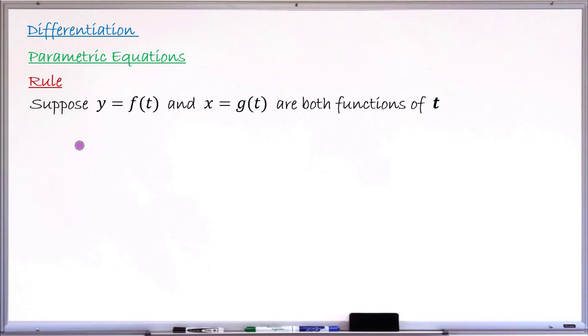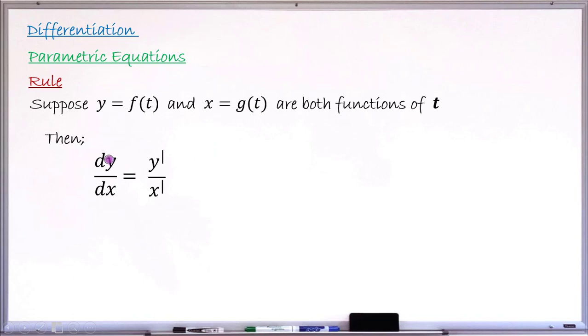The derivative of y with respect to x, that is dy by dx, is nothing but y prime divided by x prime. Of course, you know y prime is the derivative of the function y with respect to whatever letter is there, so it is t. And x prime is the derivative of the function x with respect to whatever letter it contains. So this is what the rule tells us to do.